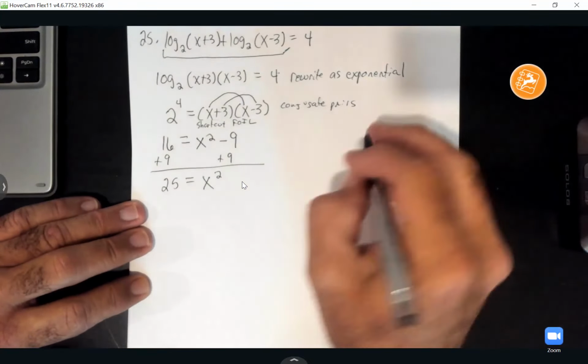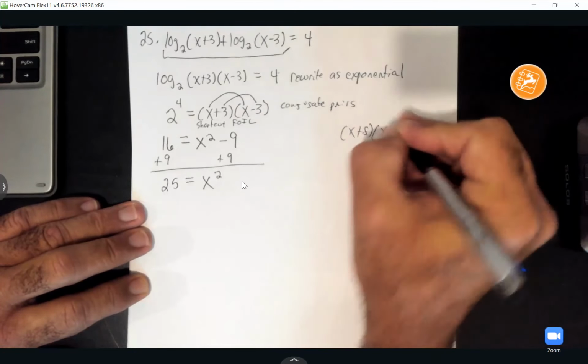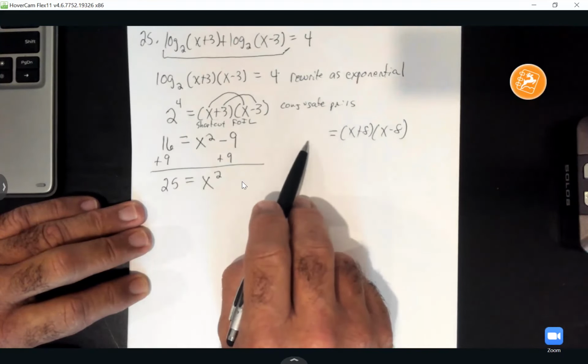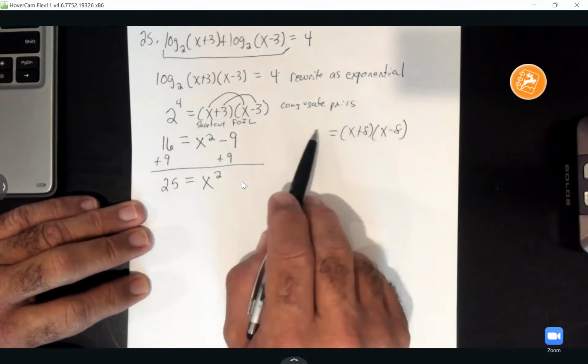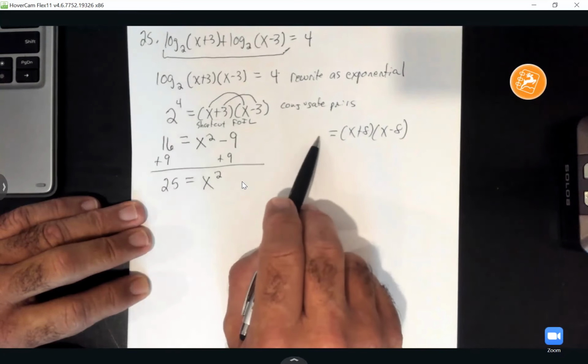So who had the 8s? What was on your left side? Like I had 2 to the 4th. What'd you have over here? So what's your log base? 6.